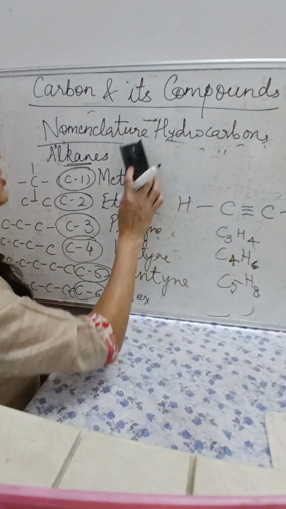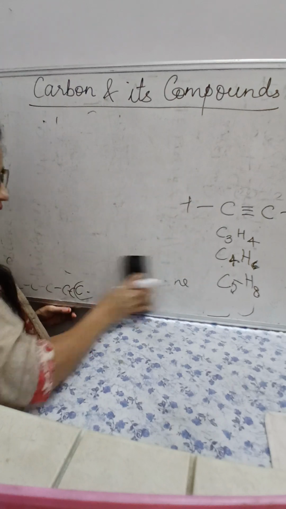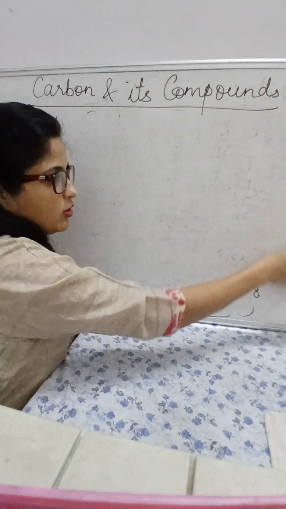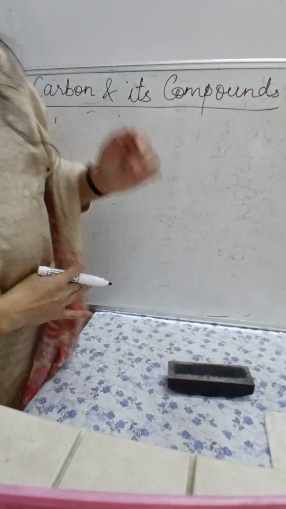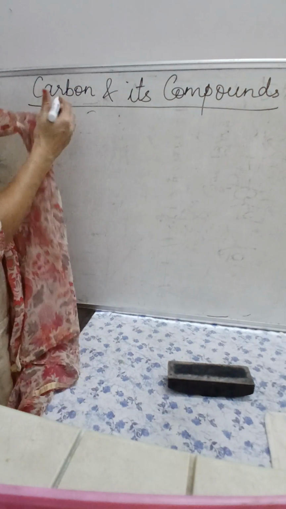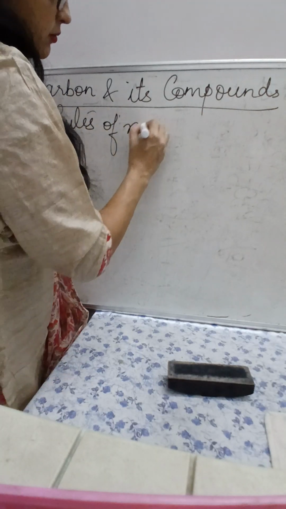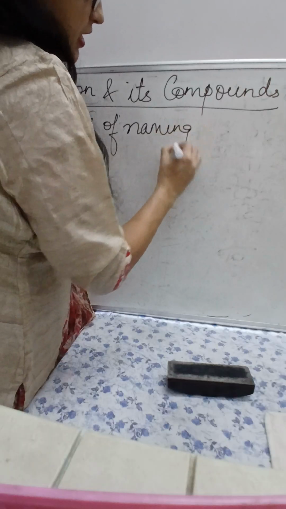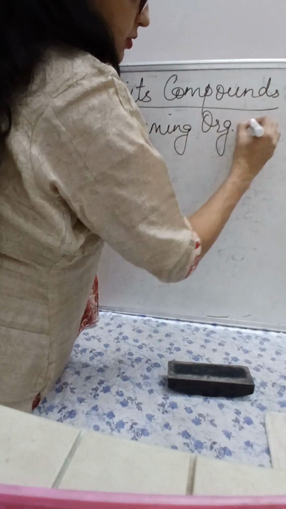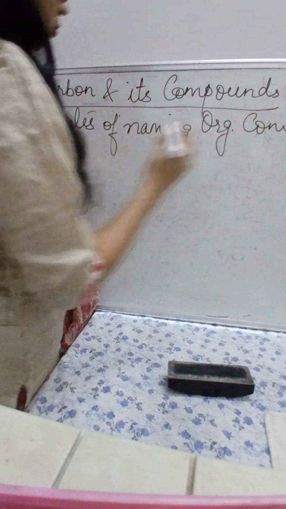Okay. Now I will come to the rules for naming the homologous series, which I have also explained. So now I am going to explain what are the rules of naming the organic compounds.